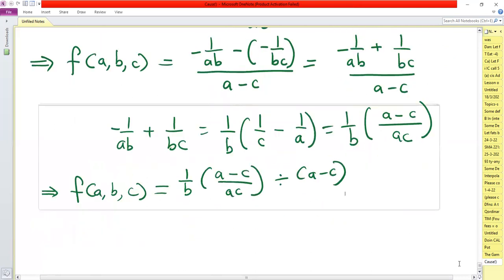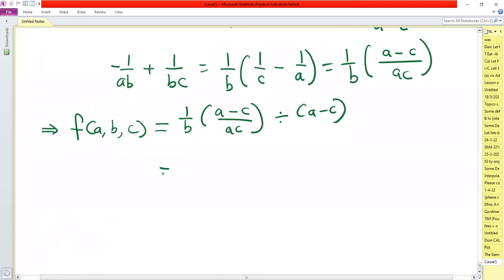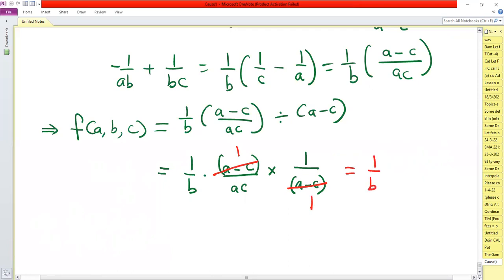Simplification of this will give us 1 over B times A minus C divided by AC, then times the reciprocal, which is 1 over A minus C. Put brackets here, and these two brackets cancel out because we are defining A minus C. So this will be 1 over B times 1 over AC, which will just be 1 over ABC.